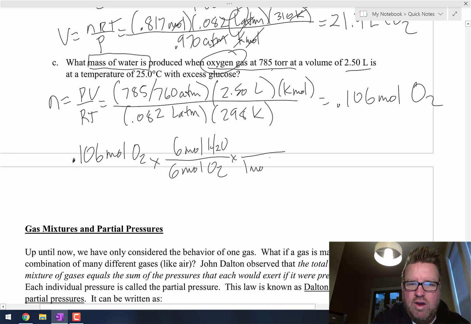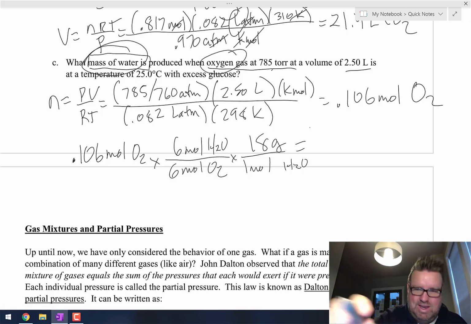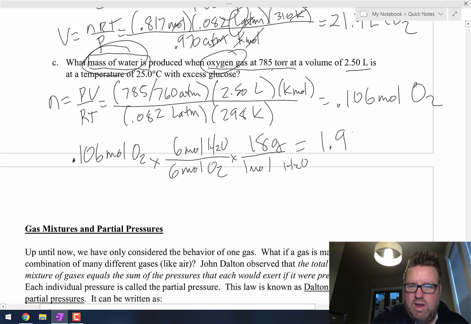And then they ask for the mass of water. So 1 mole of water has a mass of 18 grams. So 0.106 times 6 divided by 6, those just cancel. So we're really just multiplying by 18 equals 1.90 grams of H2O.